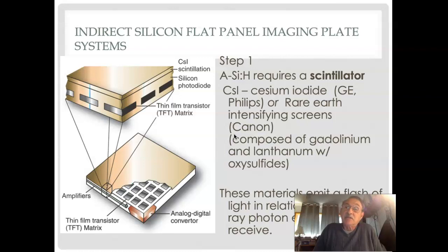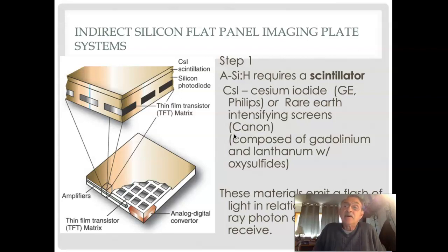And so the cesium iodide has gotten a lot better over the years. Gadolinium oxysulfite was a much heavier duty media, but the problem with it is that it didn't have the spatial resolution that the cesium iodide did. So it's a trade-off, one for the other.